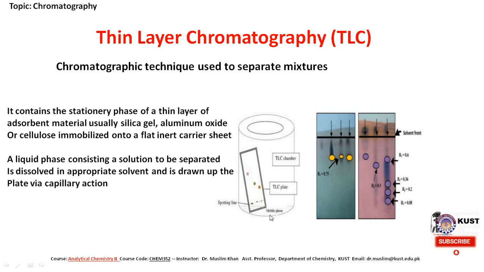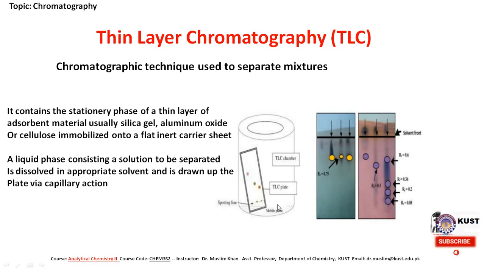Then the components of this mixture, along with the mobile phase, go up by capillary action, and the different components of the mixture develop different interactions with the mobile phase and stationary phase.